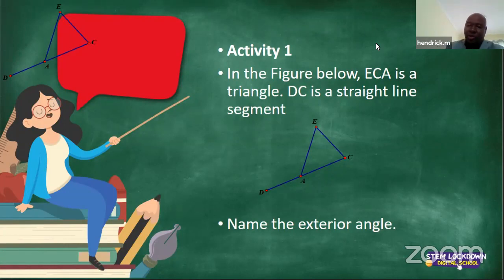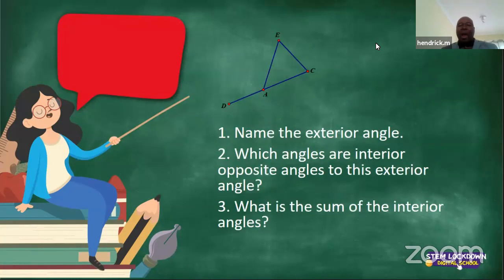Now, this is what I want us to do. I want you to name the exterior angle in this triangle. What is the exterior angle? Two, which angles are interior to this exterior angle? And three, what is the sum of the interior angles of a triangle? So I've given you 3 questions.